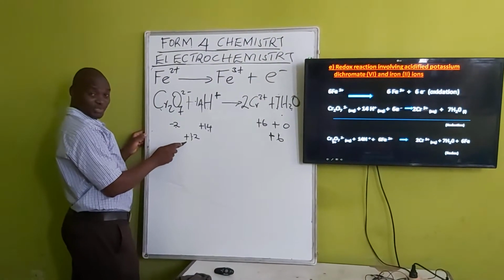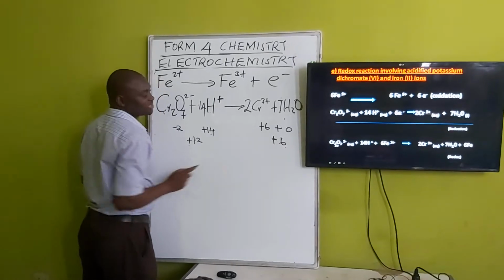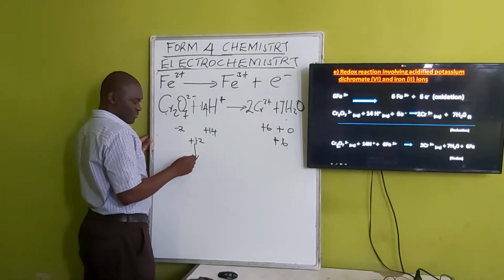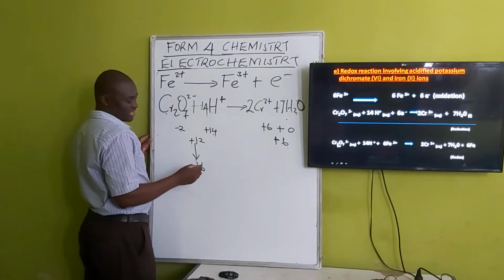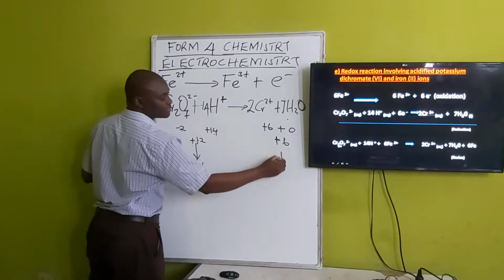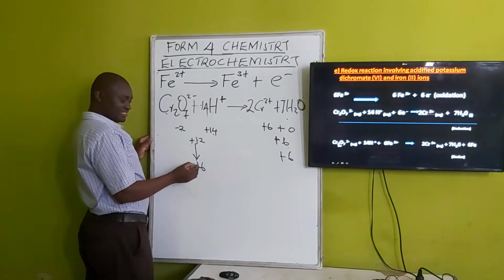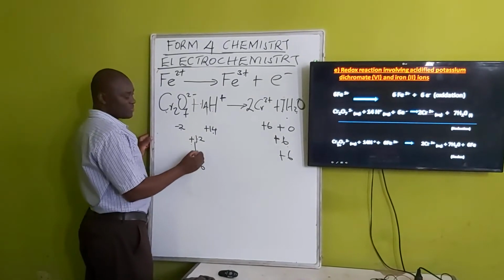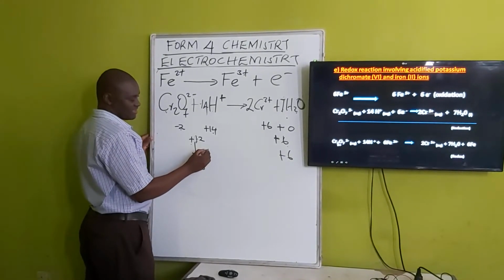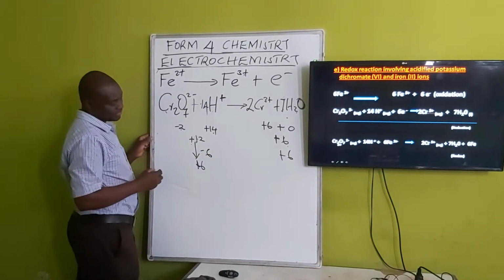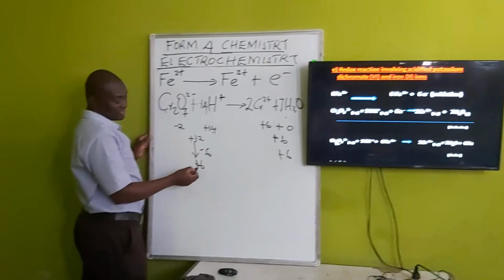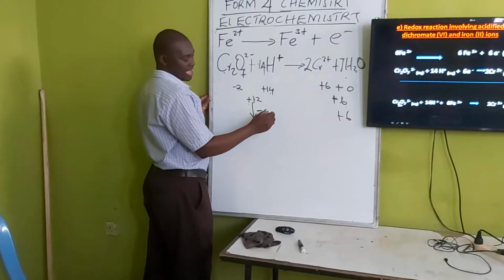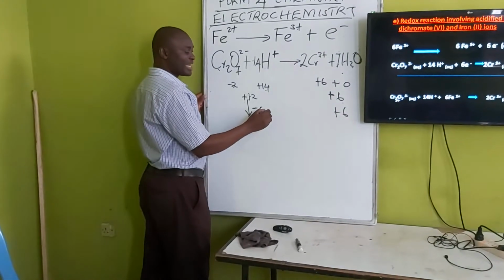Now this side we have +12, this side we have +6. We must bring this one down to +6, so that we have +6 on this side and +6 on this side. To bring it down to +6, we must subtract 6, because 12 minus 6 will give us +6. These 6 negative charges are equal to electrons.